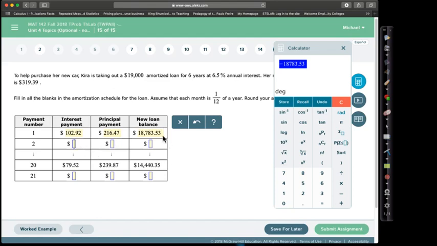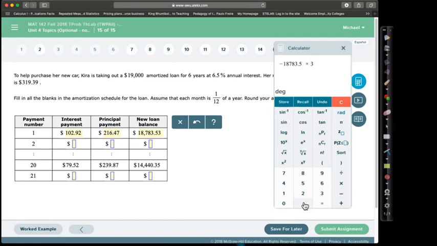We do it again. We start with this new balance, 18,783.53. That's all we're paying interest on, so the amount of interest will be lower. I'll just leave the negative there; we just know it's not negative money.